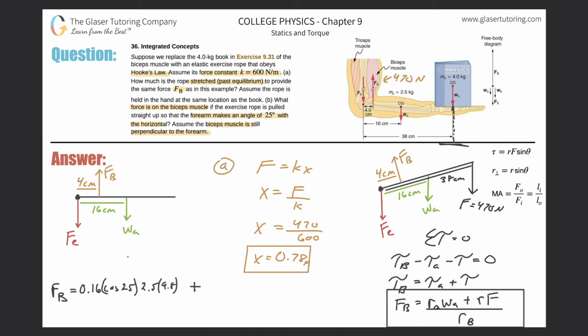So doing this again, converting that into meters, 0.38, multiplied then by the cosine of 25. It's still a cosine, same exact format as the other problem. Multiplied then by the force applied, and we said that the force is going to be equal to 470 newtons. So 470. And then all divide that by the perpendicular lever arm of the bicep. So notice the bicep, they told us, still stayed perpendicular to the forearm, and therefore the perpendicular distance between this line of action and the axis of rotation is just 4 centimeters.